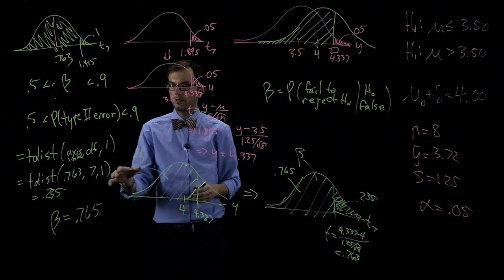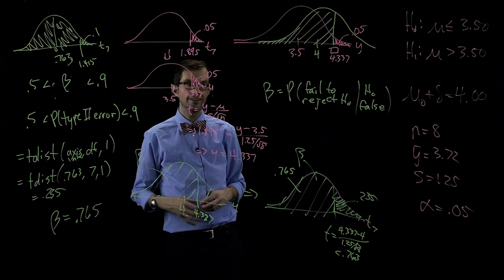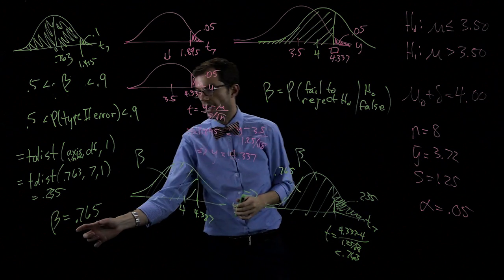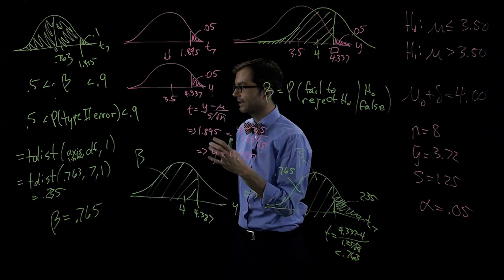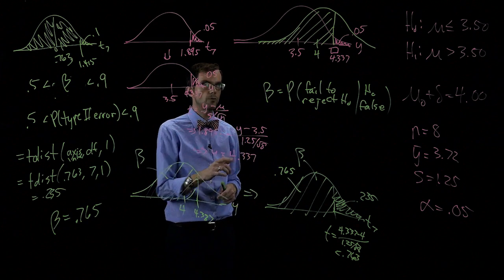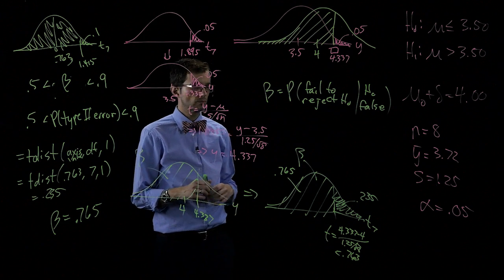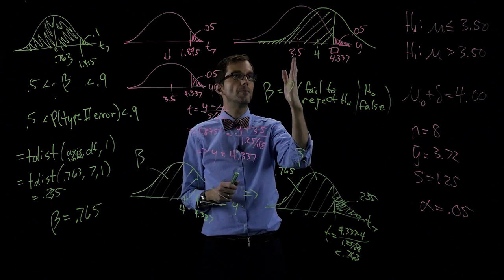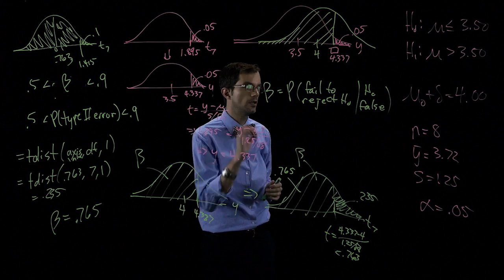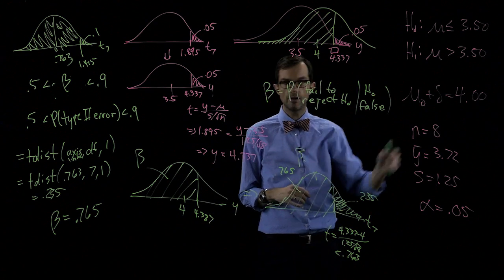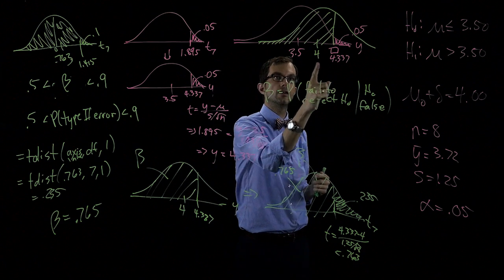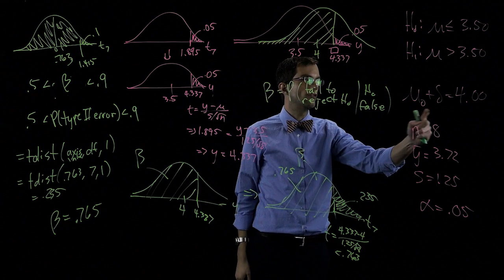The probability that we don't detect a change when the mean is actually 4 is quite large. We have quite a large value of type 2 error. One other thing I wanted to point out is that all we're testing for is whether or not the mean is something other than the hypothesized value. We have to have a very specific mu0 plus delta. We could calculate a different value of beta for different values of mu0 plus delta.